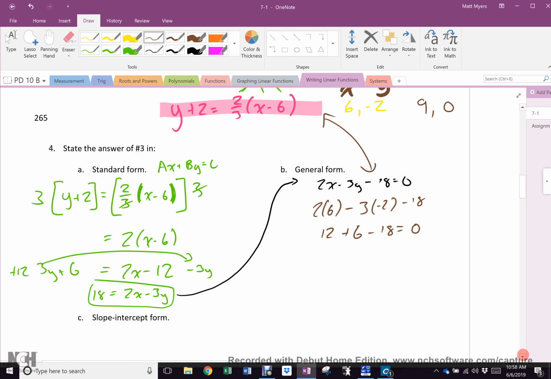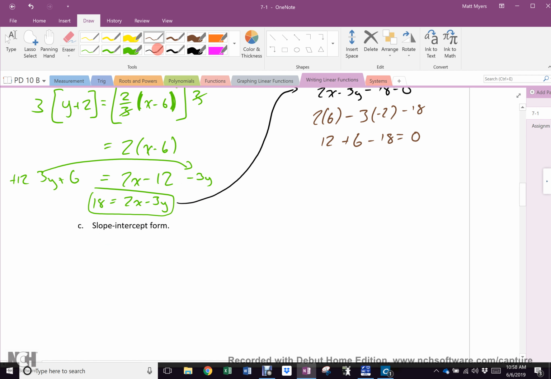Excellent. And now finally slope-intercept form. Slope-intercept form, we have to get to here. How is that different from where we are starting? y plus 2 equals 2/3 x minus 6. What's different? The y is isolated.